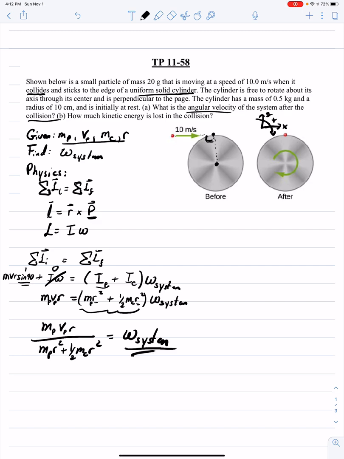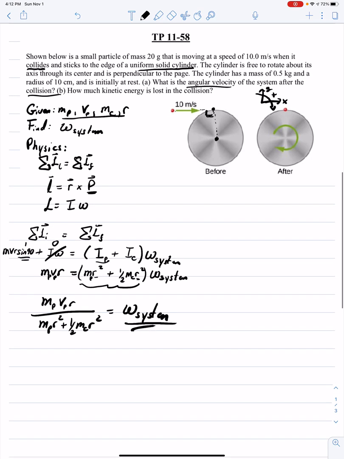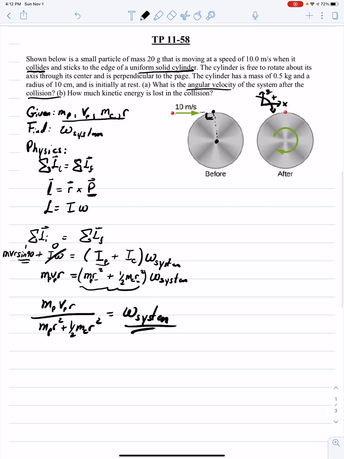Voila. So you are done with part A, finding the angular velocity of the system. It's very, very specific, very straightforward.